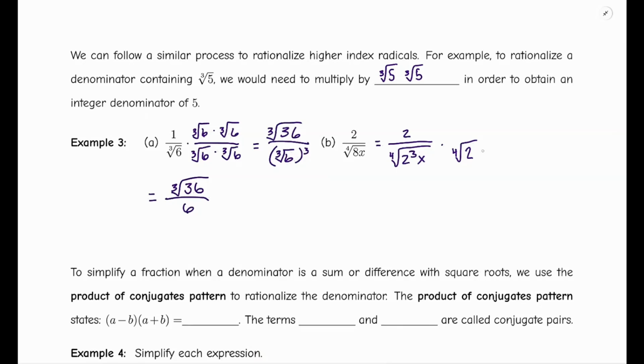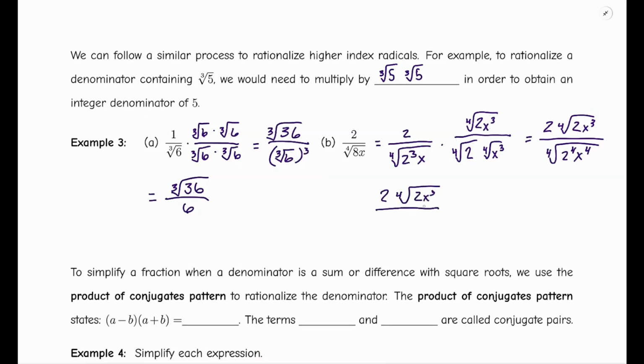But I only have a single x, so then I would do the fourth root of x cubed in order to get 4 x's. Whatever you do on the top, you have to do on the bottom. So this becomes 2 fourth root of 2x cubed on top, all over the fourth root of 2 to the fourth x to the fourth, which becomes 2 fourth root of 2x cubed all over 2 absolute value of x.